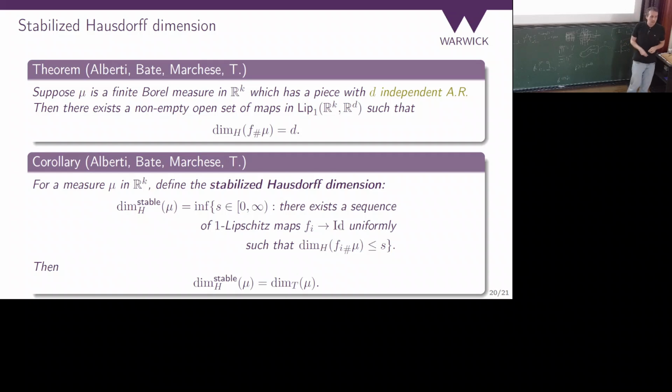So this stabilized Hausdorff dimension actually just counts the number of directions in which there are curves, which is what this dim_T of mu does. So, reminder, dim_T of mu is the maximum number of Alberti representations that a piece of the measure has, or alternatively, it is the least dimension of a weak tangent field of a full measure subset.